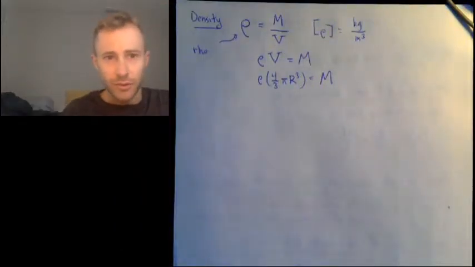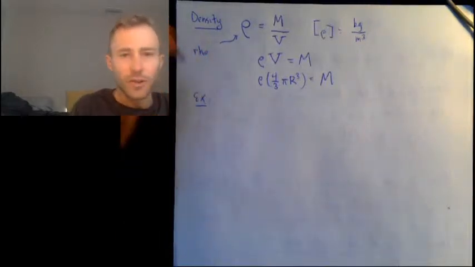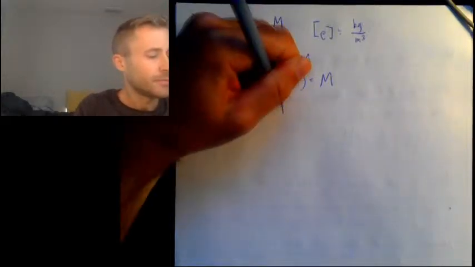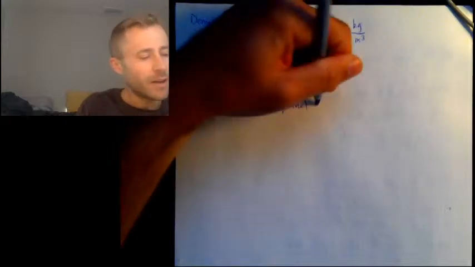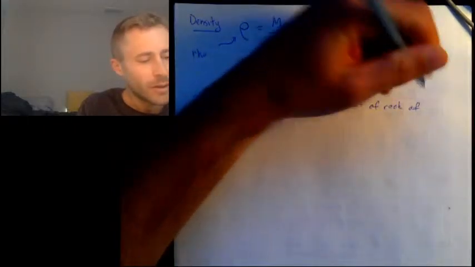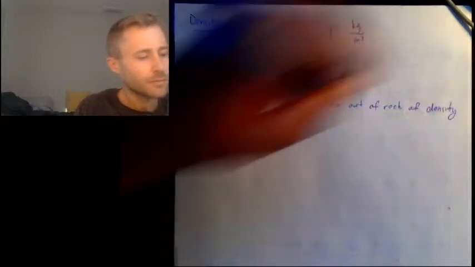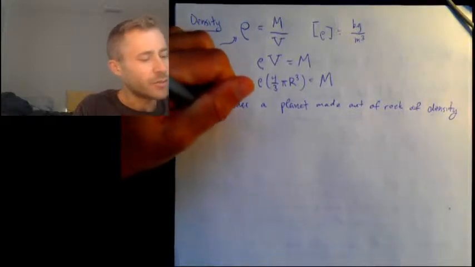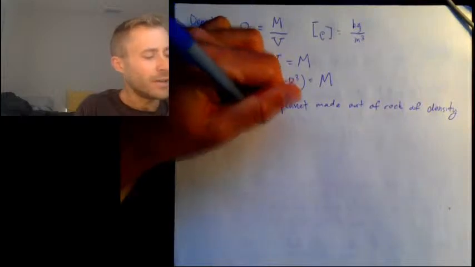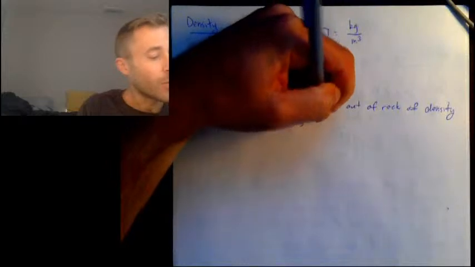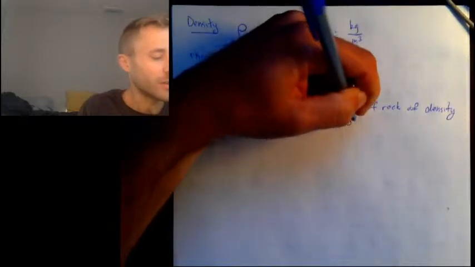All right, so we're going to do an example that just kind of puts all this together. Okay, so consider a planet made out of rock of density, let's say 6,000 kilograms per cubic meter, and radius, let's say 4.4 times 10 to the 6th meters.